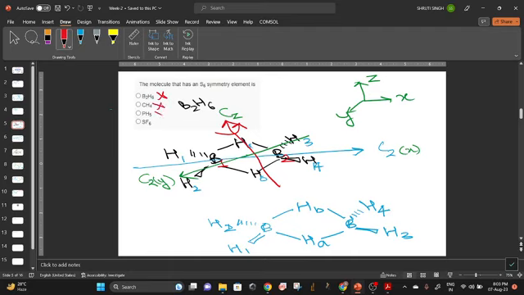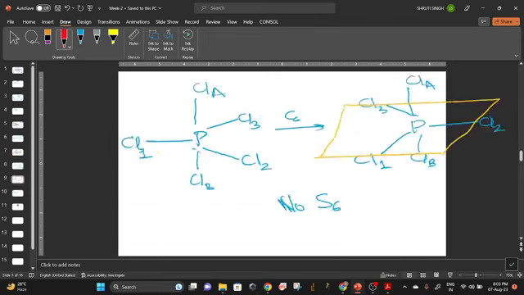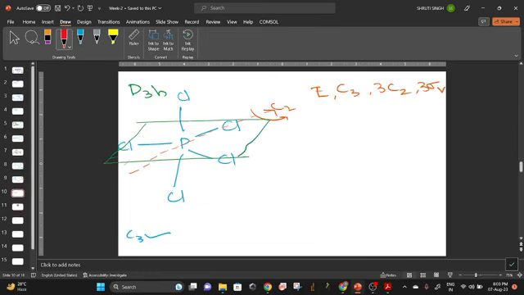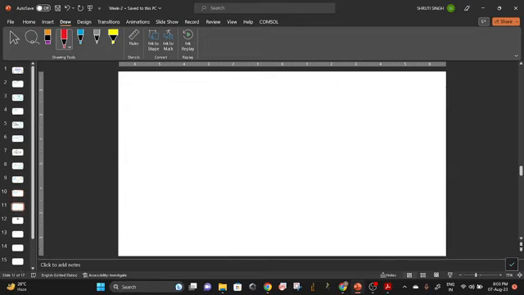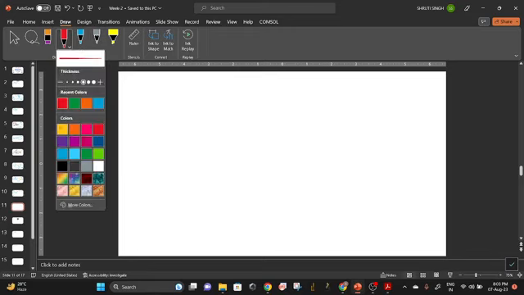This doesn't have, this doesn't have, so this should have, because one of the answers should be right. Let's see. Now what is the shape of SF6? Octahedral. Okay.